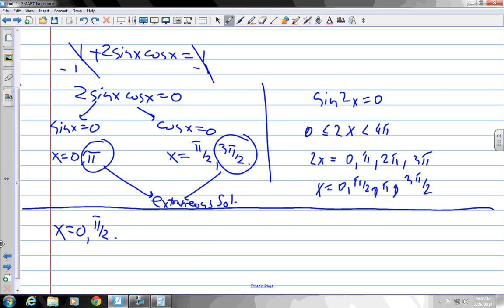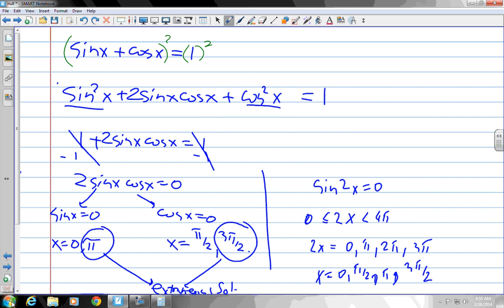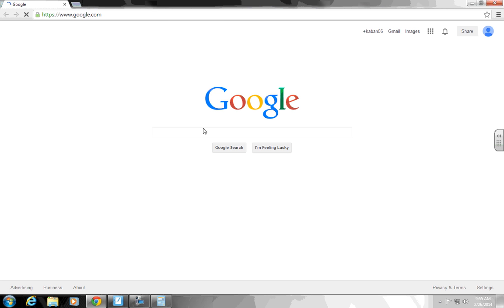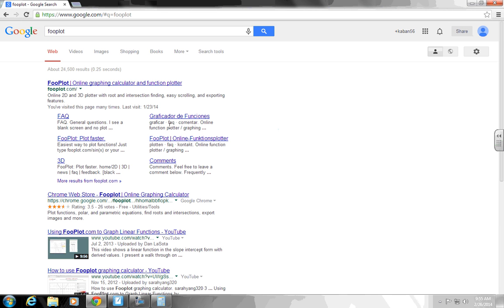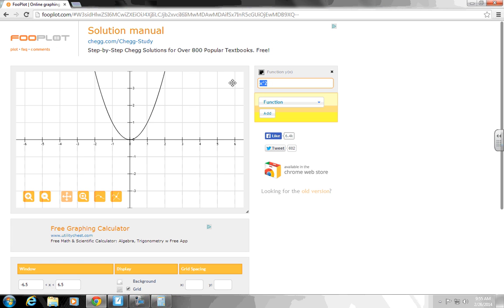If I look at this problem graphically, sometimes there's nothing else you can do but to solve them graphically.